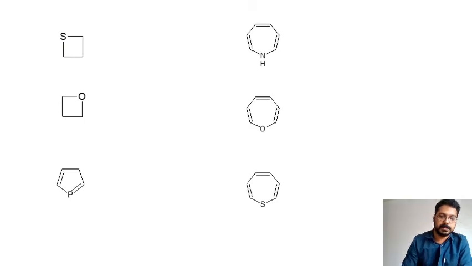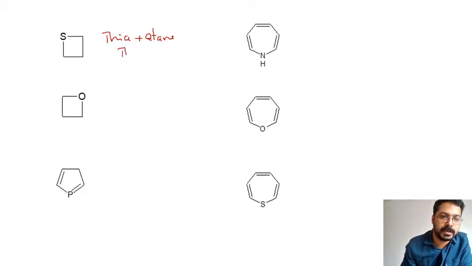You can write some more examples. If you take sulfur, 4 membered with sulfur, it is thia plus etane, without nitrogen, etane, so the name will be thietane. If you take oxa plus etane, the name will be oxetane.